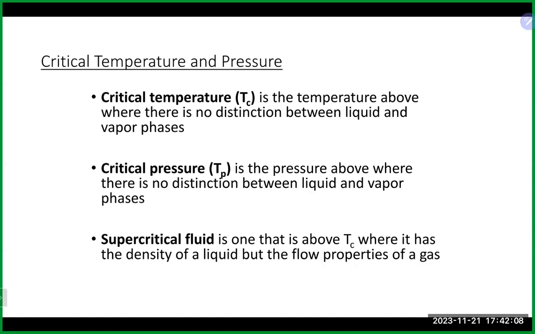When we look at these diagrams, we will also see what is referred to as the critical temperature. At the critical temperature, there's really no distinction between liquid and vapor phases. That goes with the critical pressure, and that point on the graph is sometimes referred to as the critical point, the critical temperature and pressure combination where you have no distinction between those 2 phases. Things just blur into both phases at that point.